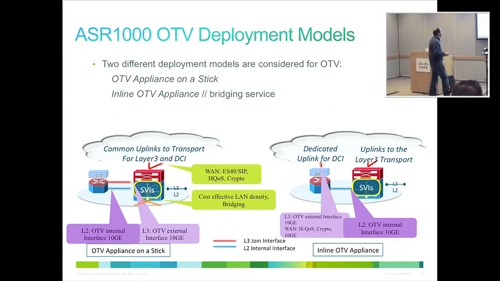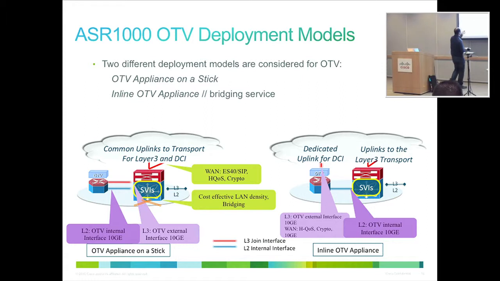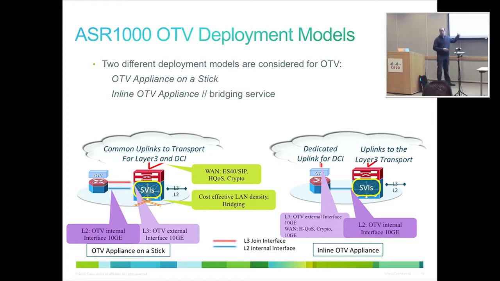For this, it's just easier to go with the on-a-stick kind of deployment, where you have a layer 2 and a layer 3 between the router and the switch. So this switch connects to the core, and you just have ASR on a stick just for OTV. Basically, you get a layer 2 packet, you do the OTV encapsulation, you send it to the switch back, and the switch will take it to the core network. So you don't change anything in your topology.